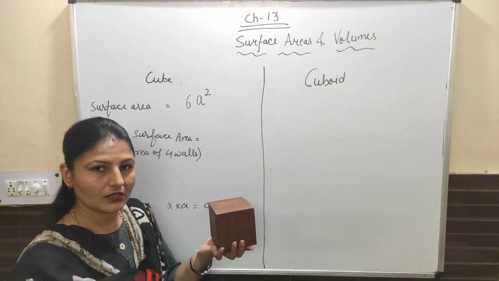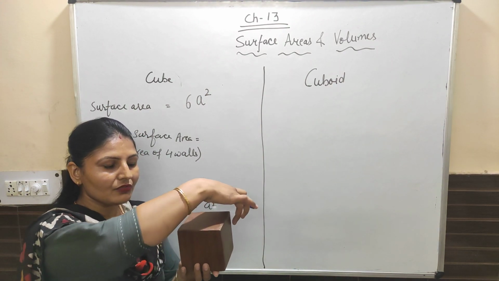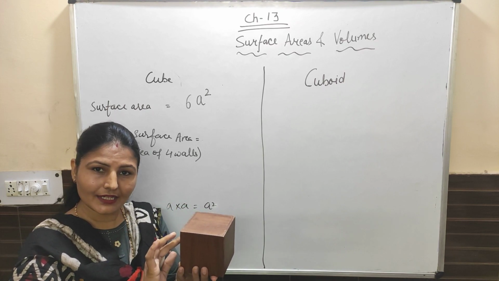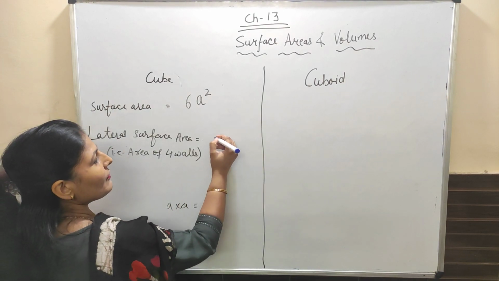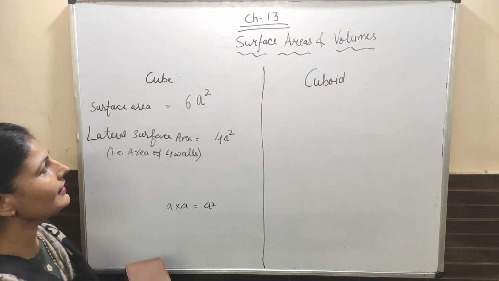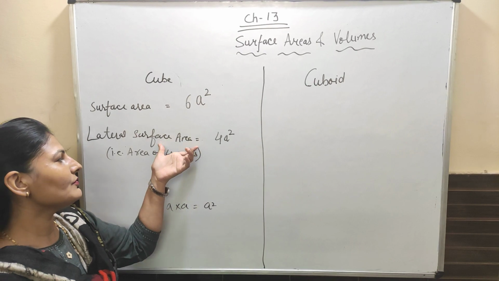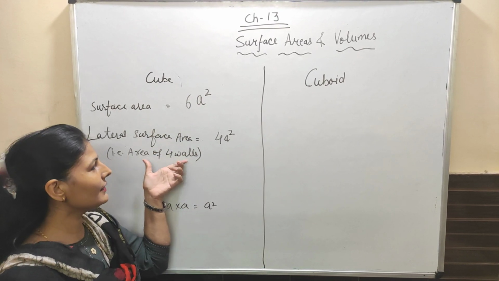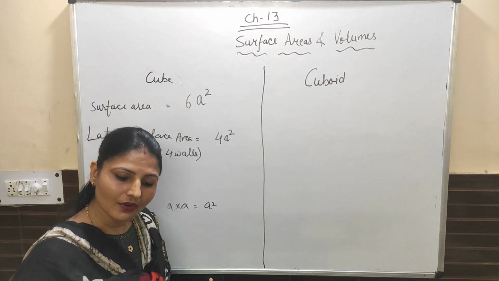What is it? These are 4 faces, right? 4 walls are there. It means the area will be 4a square. It is very simple. When 6 faces are there, the area will be 6a square. When 4 walls or 4 faces are there, the area will be 4a square.